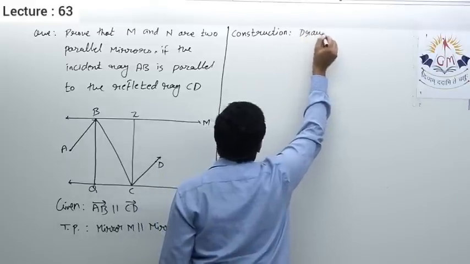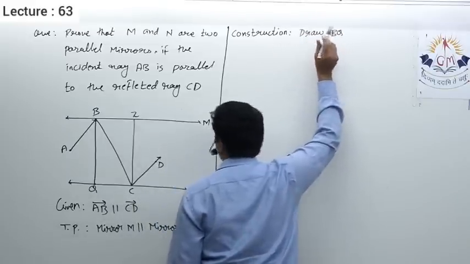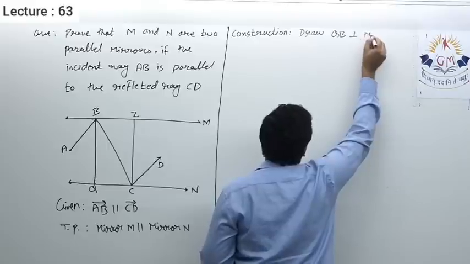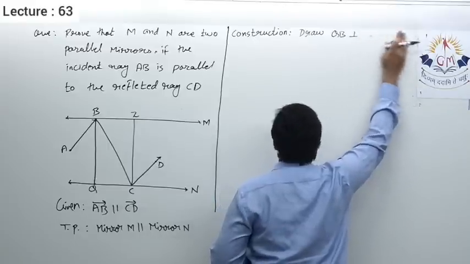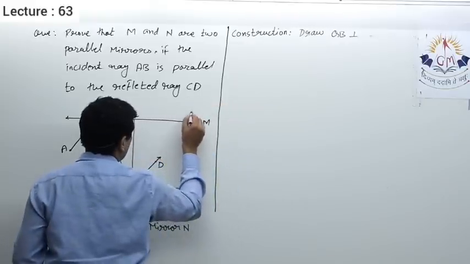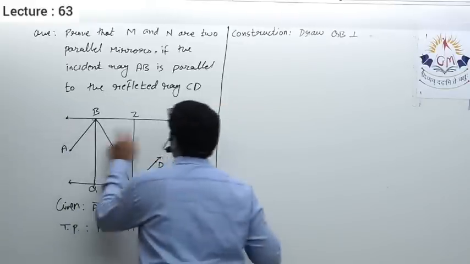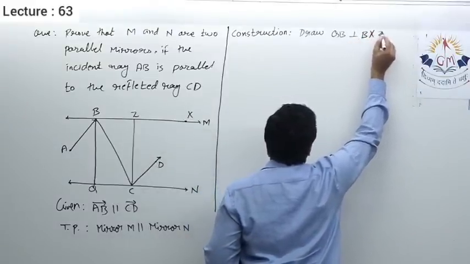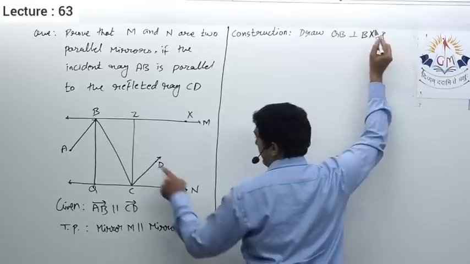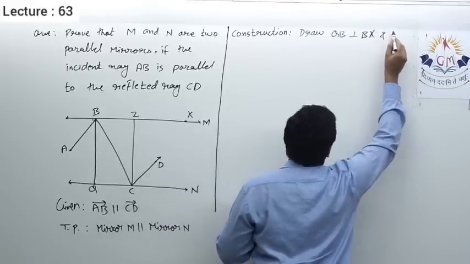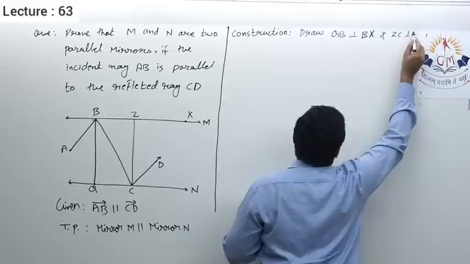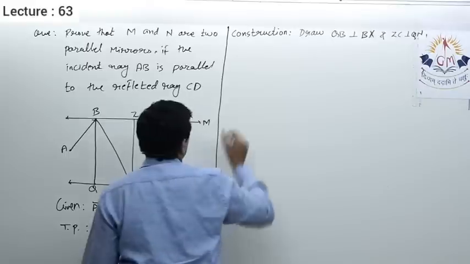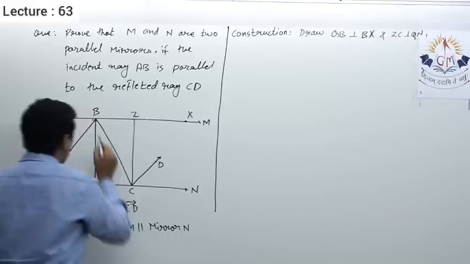Draw QB perpendicular to mirror M, and ZC perpendicular to QN. These are the normals to the mirrors.